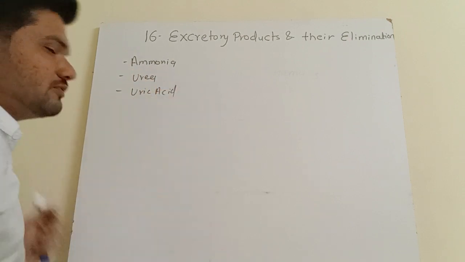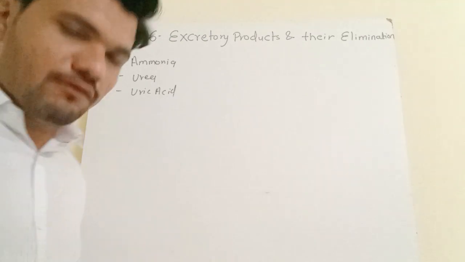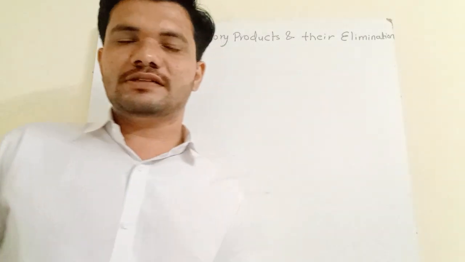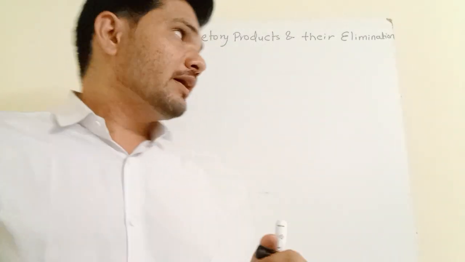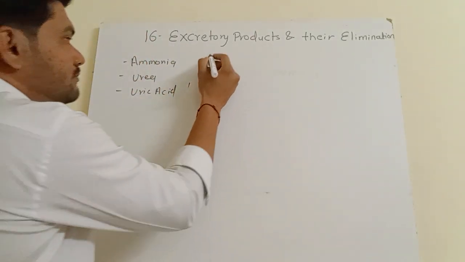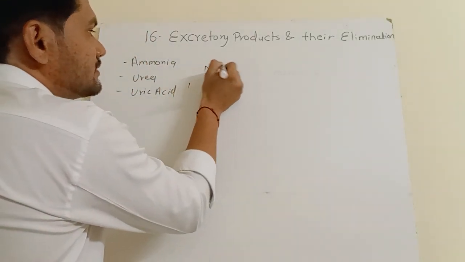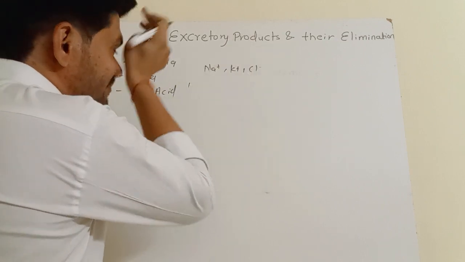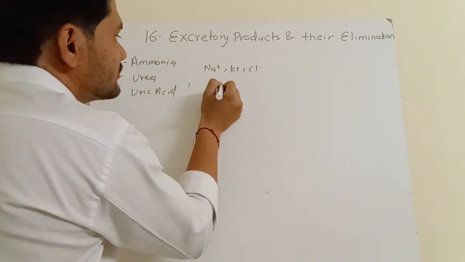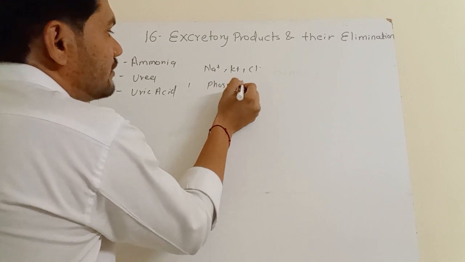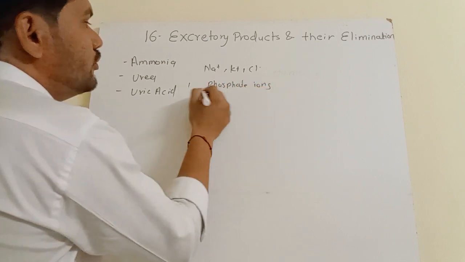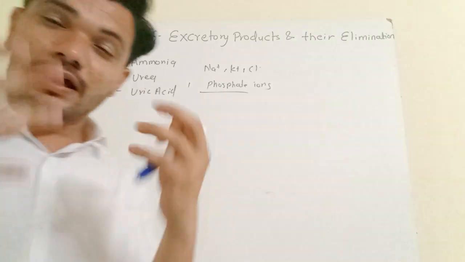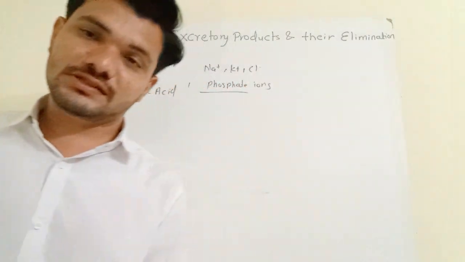These are nitrogenous wastes which are frequently produced in your cells or your body. Apart from that, there are some ions like Na plus, K plus, Cl minus, and phosphate ions, etc., which are also produced inside your cells as waste.